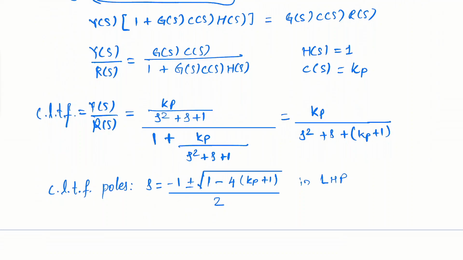But for a second order polynomial, if all of the coefficients, that is say one here, one here, and this term, are positive, then the poles would be in the left half of the complex plane. So if our Kp, alright, let's test that idea.